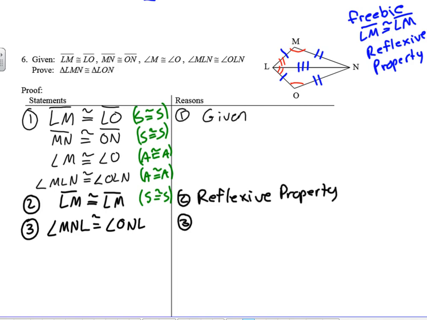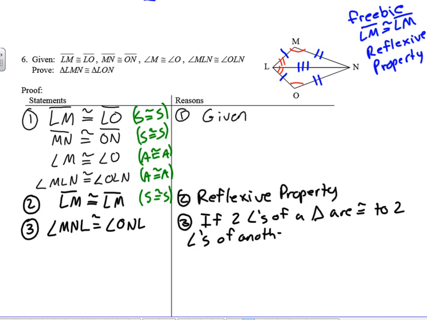Well, that's the theorem we just said. If 2 angles of a triangle are congruent to 2 angles of another triangle, then the third angles are also congruent.